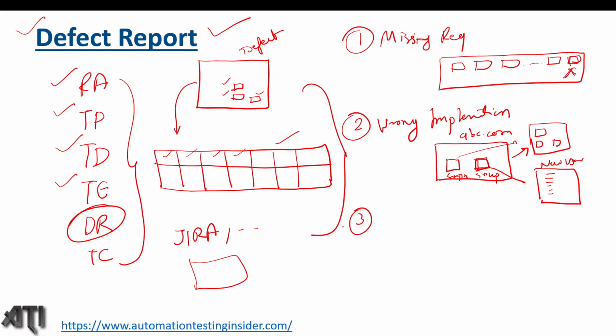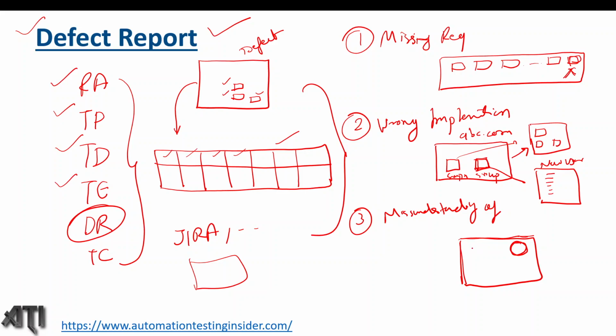Another reason for getting a defect is misunderstanding of the requirement, or the requirement being misunderstood by the developer. Let's say, as per the requirement, the logo of the company or website should be displayed at the right side of the page, on every page of the application.